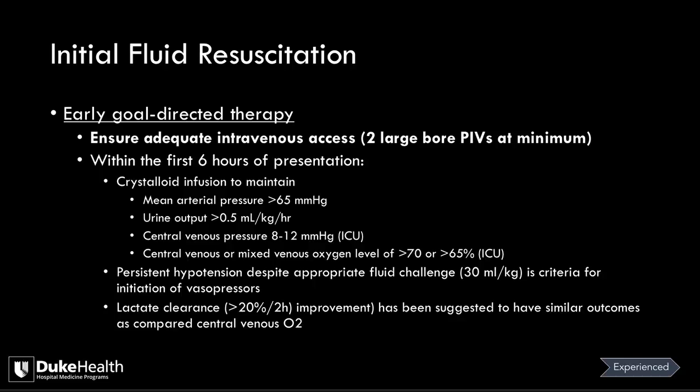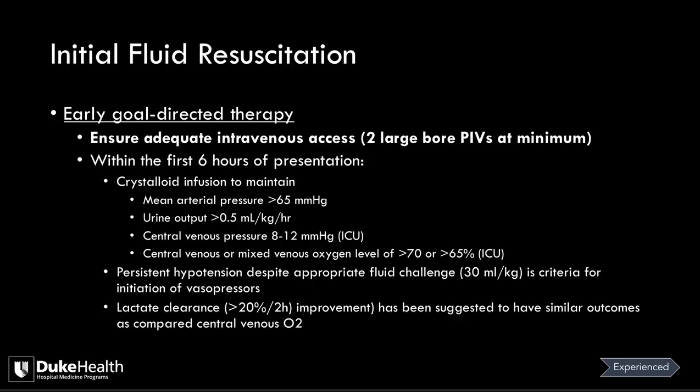In a 70 kilogram male, or a female, whatever, that would equate to around 2.1 liters of fluid. So, it's never the wrong call to say after 2 to 3 liters of fluid with persistent hypotension that this patient may need to escalate to the ICU for initiation of vasopressors, and that likely is the right thing to do.